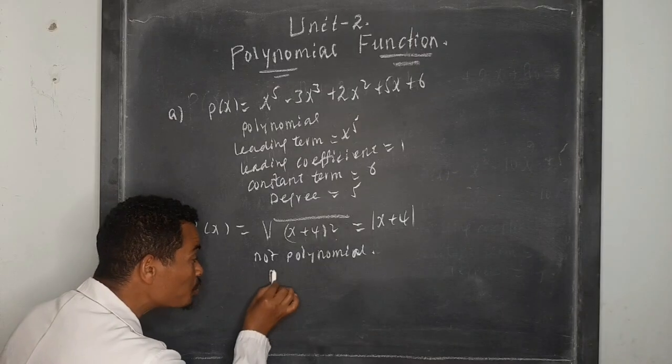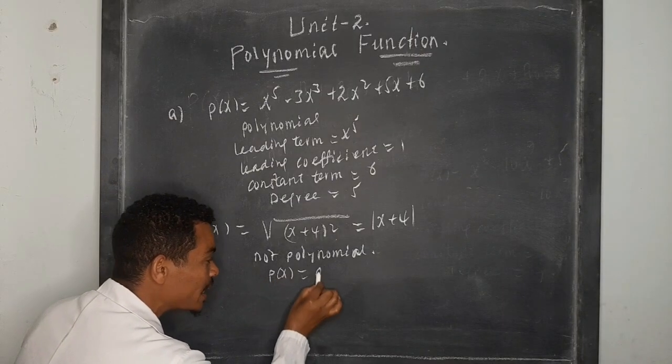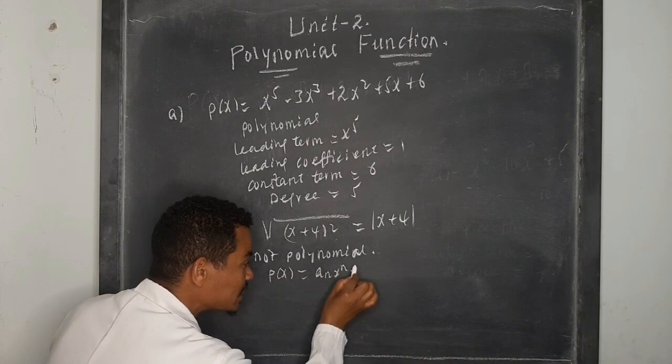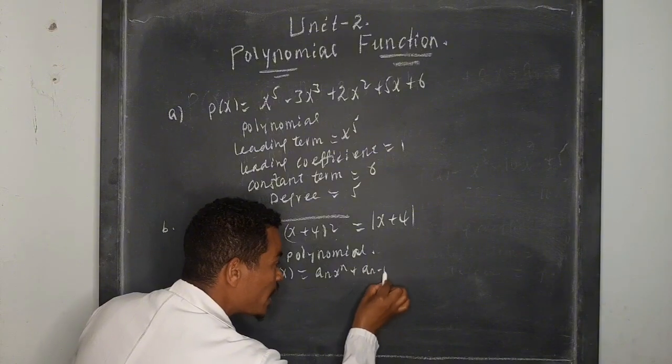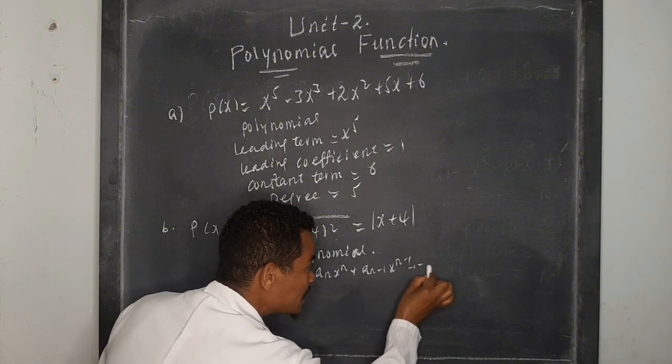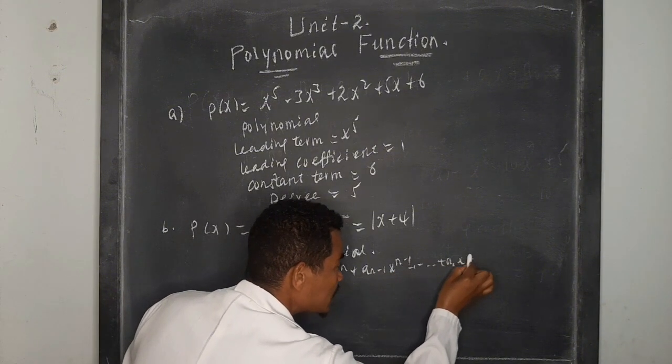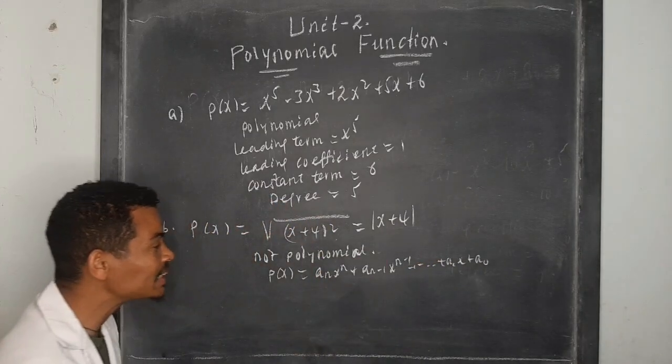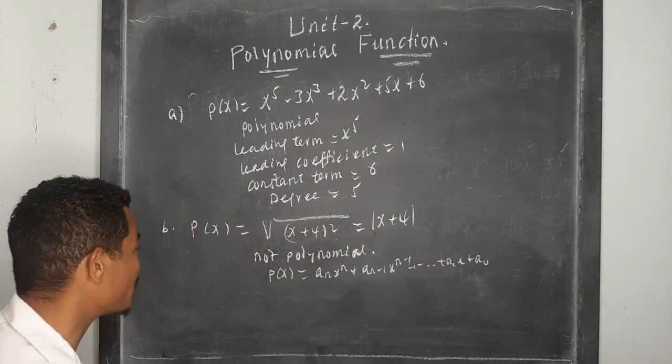That means it is not possible to write it in the form a_n x^n + a_(n-1) x^(n-1) + ... + a_1 x + a_0, so this one is not a polynomial.